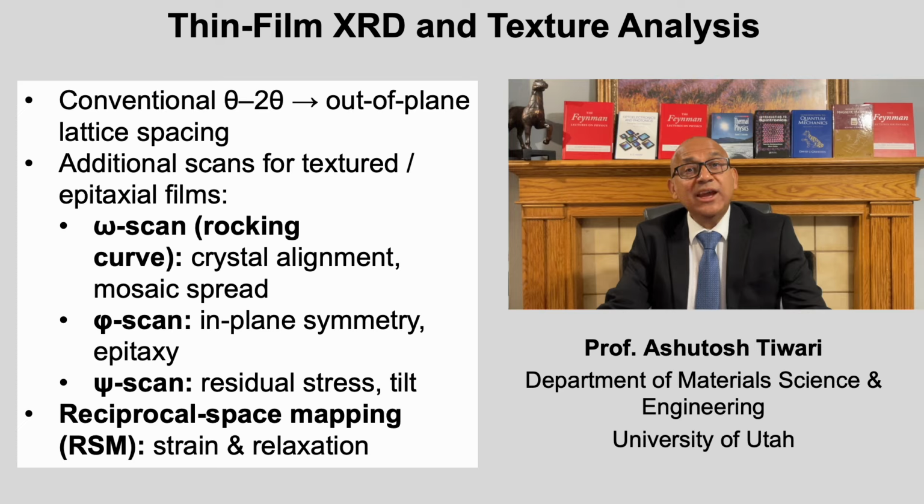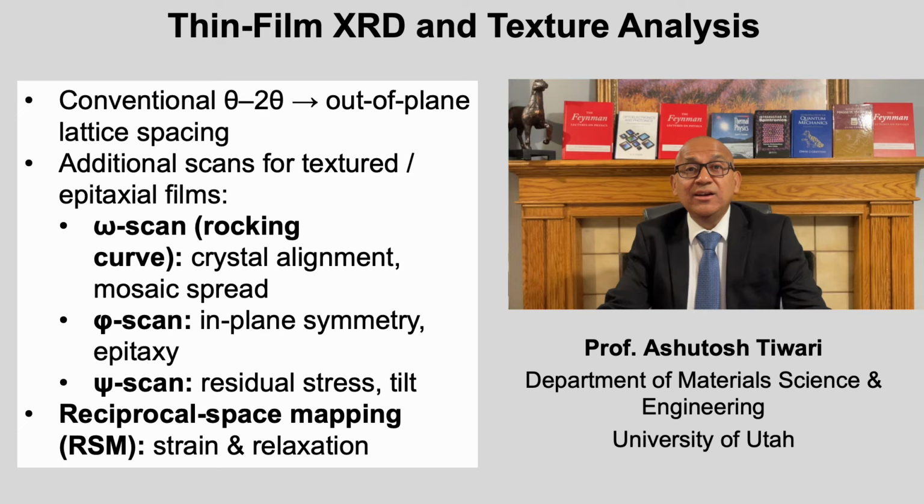The omega scan, also known as the rocking curve, measures the distribution of crystallite tilt around the Bragg condition. A narrow rocking curve indicates high crystalline quality and well-aligned lattice planes, while broadening signifies mosaic spread or misorientation.